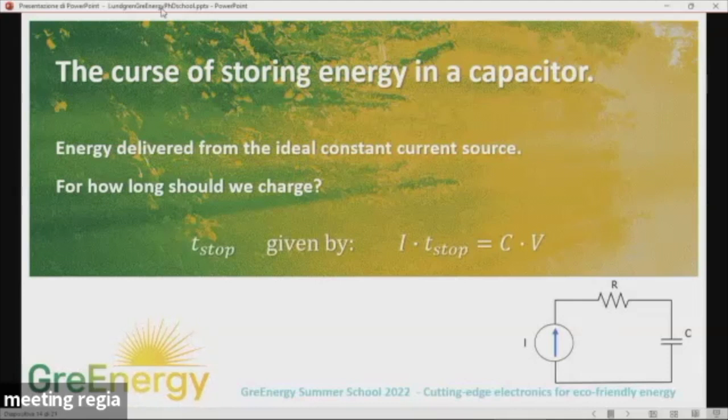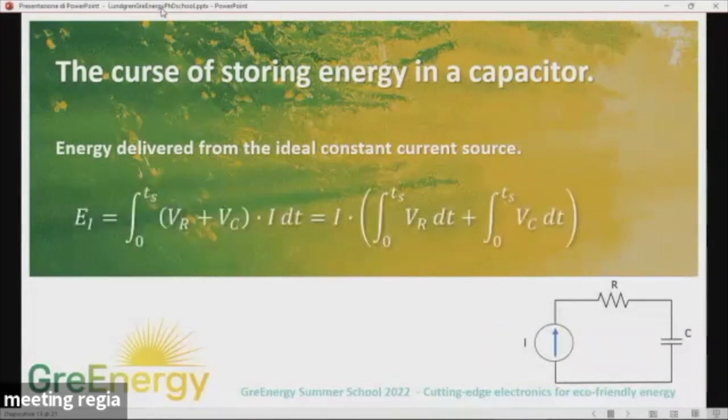That gives us a stop time, or a total time during which we charge. And at the end, we should achieve the same amount of charge as we did in the previous case, which was capacitance times voltage. So that's determining for how long we let the constant current charge the capacitor.